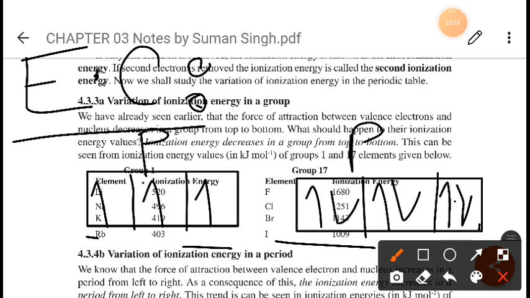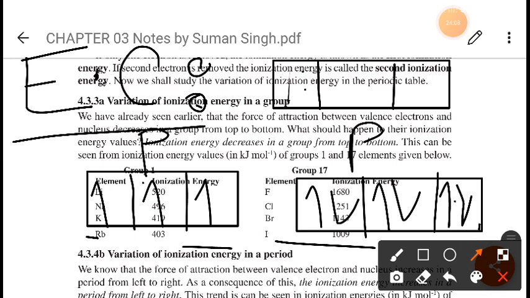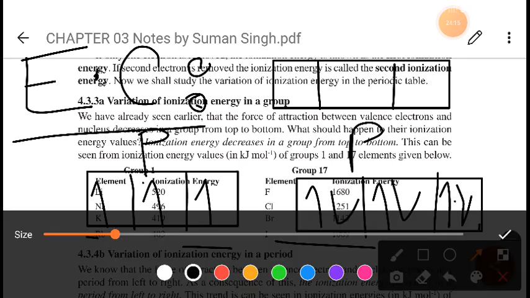And the atom having a completely filled subshell, just like this, let me draw it nicely, just like this.